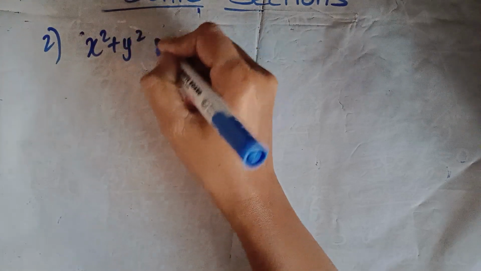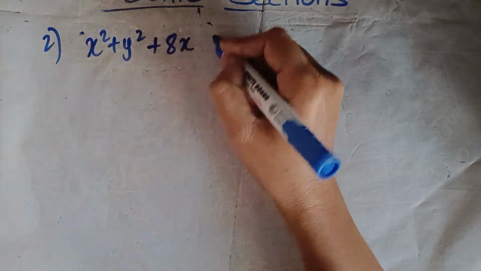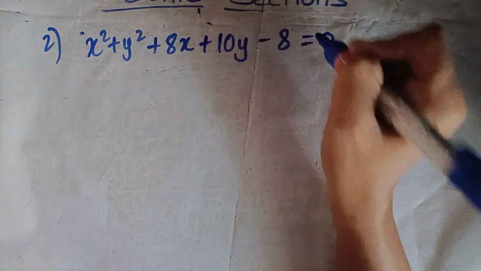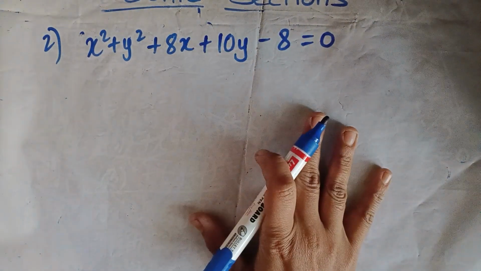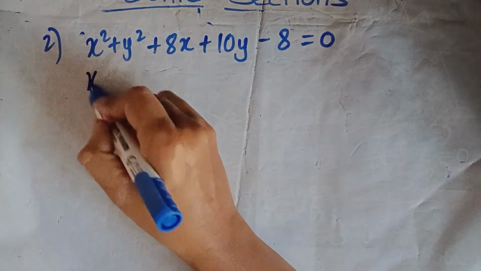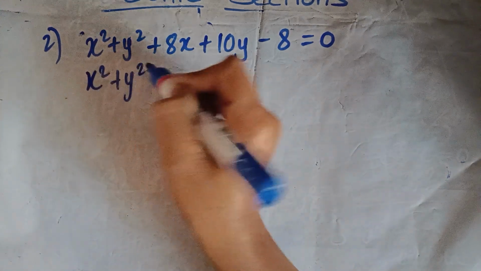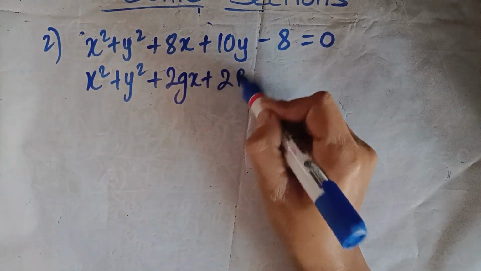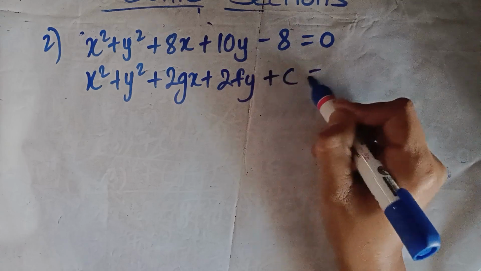So the general form is given, you have to find the center and the radius. Okay, so let's write this. We have to compare it with the general form, plus c equal to 0.